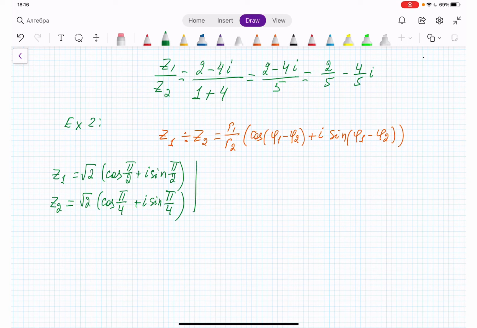All right, the quotient of these complex numbers z1 divided by z2 is equal to r1 over r2, right?